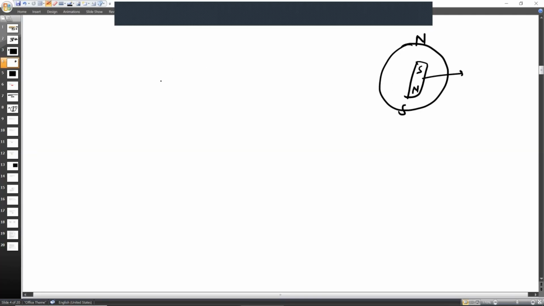So how do the magnetic field lines actually look? Imagine this is a bar magnet, with this the north pole and this the south pole. If we keep a compass needle here, we will find that it deflects in this way.